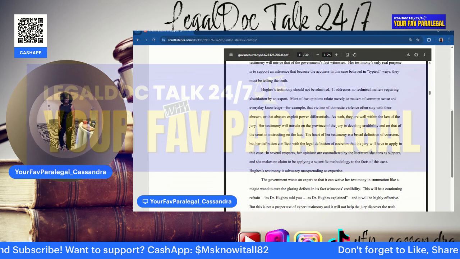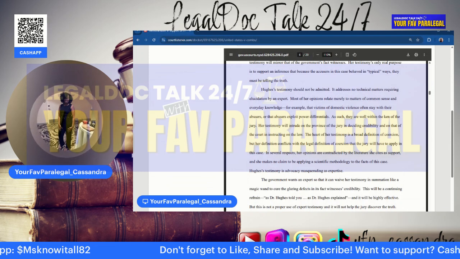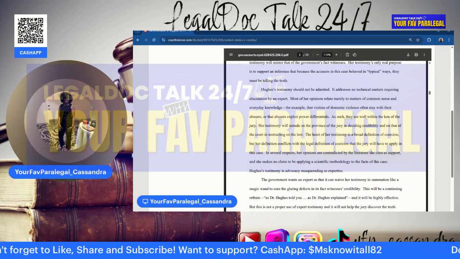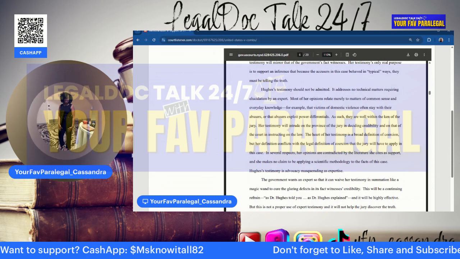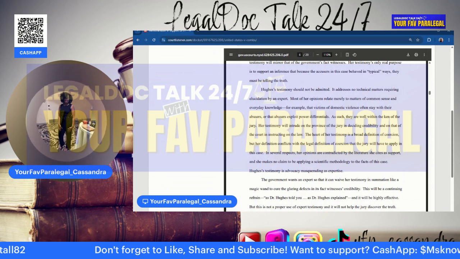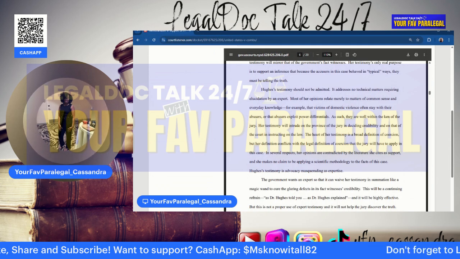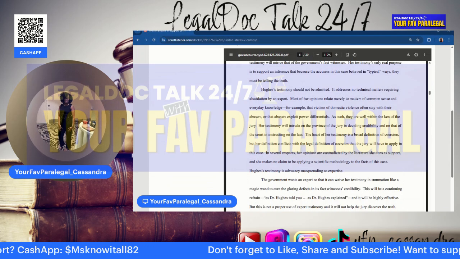As such, they are well within the ken of the jury. Her testimony will intrude on the province of the jury in deciding credibility and on that of the court in instructing on law. The heart of her testimony is a broad definition of coercion, but her definition conflicts with the legal definition of coercion that the jury will have to apply in this case.